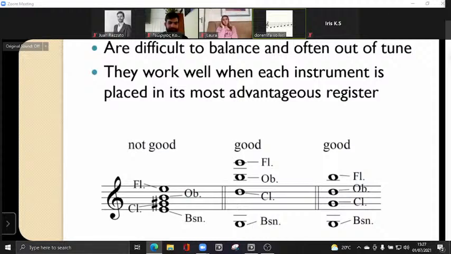Then the clarinet, here we are not caring about the transposition. The note that is sounding on the clarinet is a C sharp. The oboe is playing that B, and the flute the E, the top E.